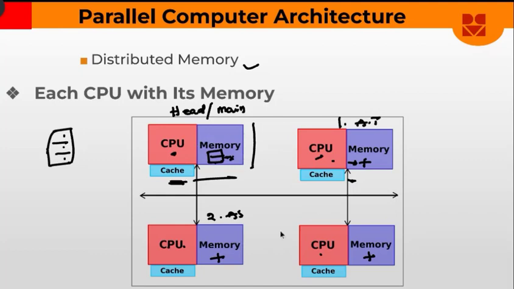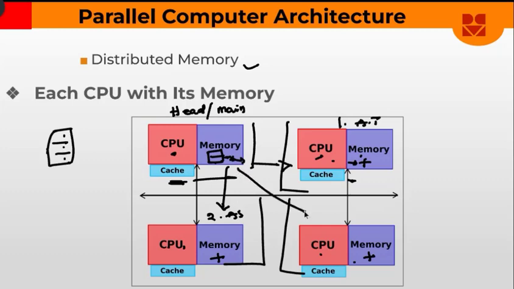So this concept of taking data from one memory that is serving as the head or main memory to the corresponding memories in different machines, these different systems that are connected together, where each system has its CPU and memory, so the movement of data from this system into this system, and then into this system, is the notion of distributed memory.